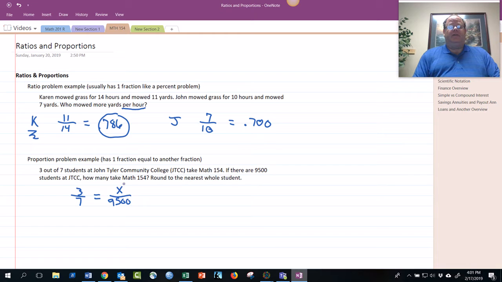Now we just have to solve for the one we don't know. We'll do that by multiplying both sides by 9,500. We get x equals 3 over 7 times 9,500. All right, that turns out to be, rounded to the nearest whole student as it says, 4,071 students.